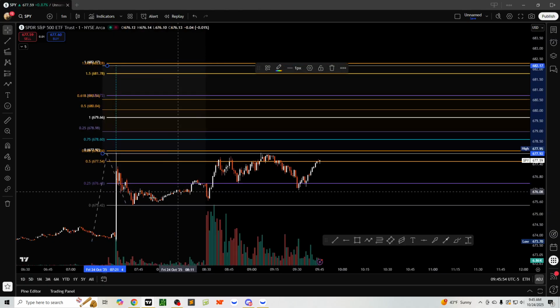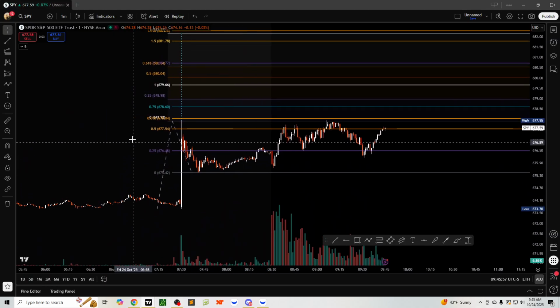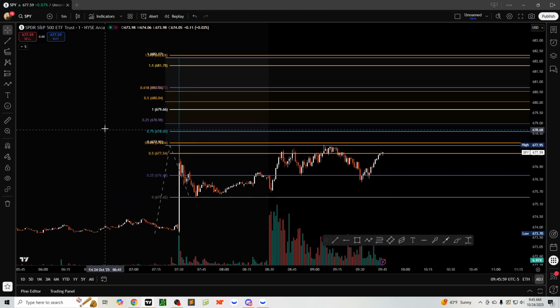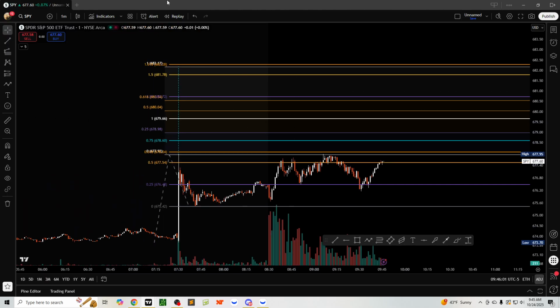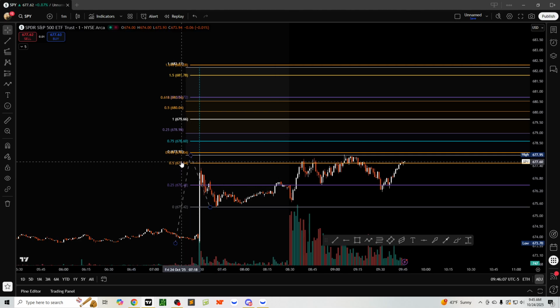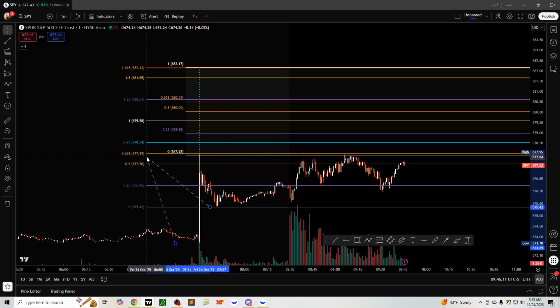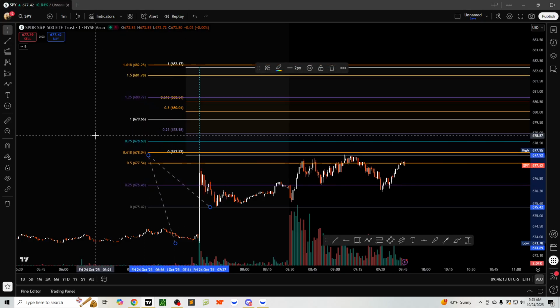Okay, they're not drawn perfect, but for the most part, they show the same exact thing in reverse. So what I mean by that is we pulled back 0.618. So I automatically know, hold on, let me move this so we could see both sets of numbers. There we go.